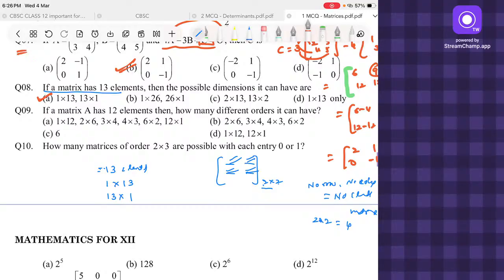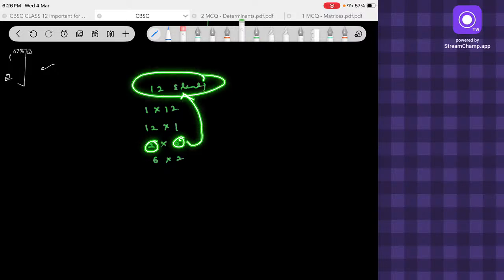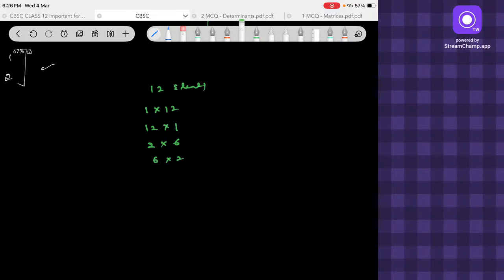In the same way, if the matrix contains 12 elements, what are the possible ways? One is 1 into 12, and 12 into 1, again 2 into 6, or 6 into 2. Number of rows times number of columns should be equal to the number of elements of that matrix.